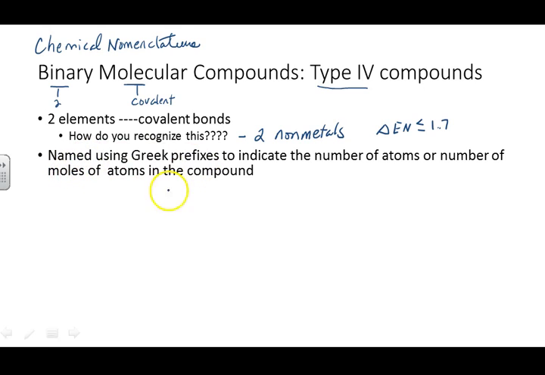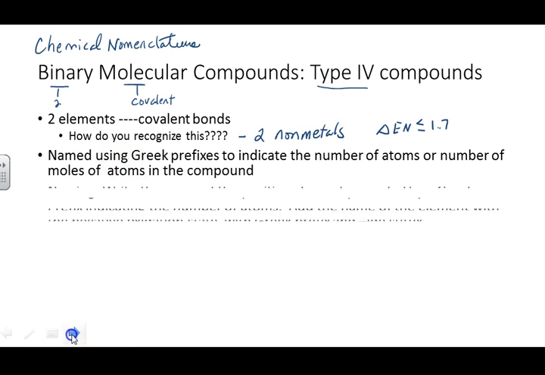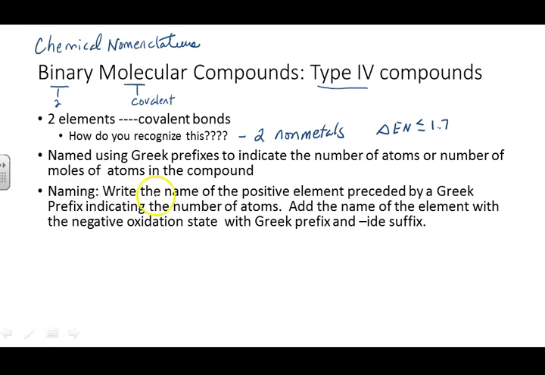We name these using Greek prefixes to indicate the number of atoms or number of moles of atoms present in the compound. So to name these, we write the name of the positive element preceded by a Greek prefix indicating the number of atoms. We add the name of this element with the negative oxidation state and with the Greek prefix and IDE as a suffix. Now this positive versus negative.